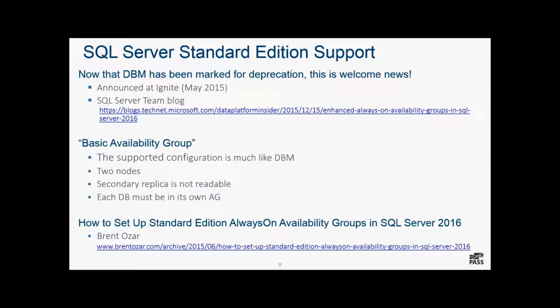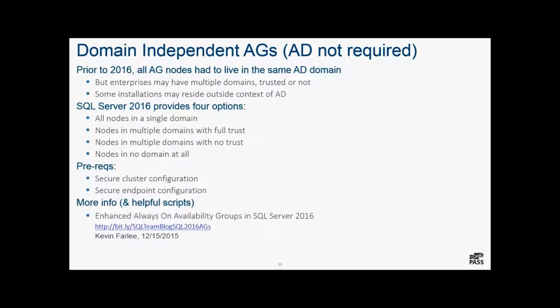I'm not going to go into great detail here, but the takeaway is, after a great deal of collaboration between the SQL Server and Windows program groups, there's a lot of work to provide compatibility not only with all nodes in a single domain, which is what was required before 2016, but now you can support availability groups in multiple domains with full trust.